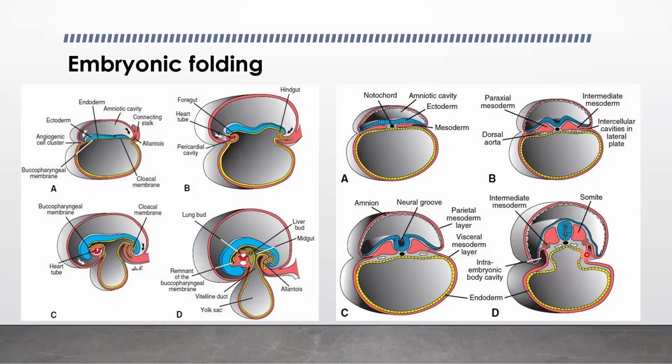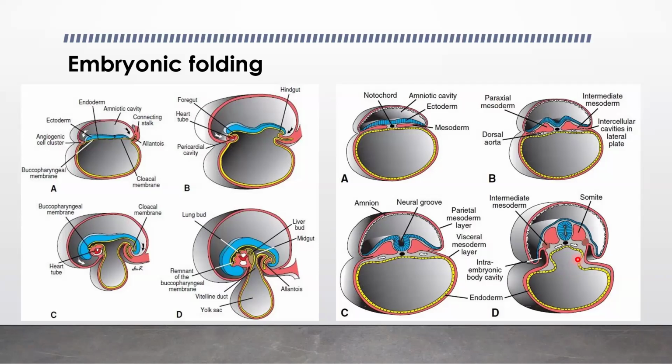So that's one of the results: due to lateral folding, or the transverse folding, you'll have this yolk sac. And this yolk sac is made up by the endoderm. You can see it here. So the inner lining of the primordial gut will be formed by this endoderm. You can see it there.